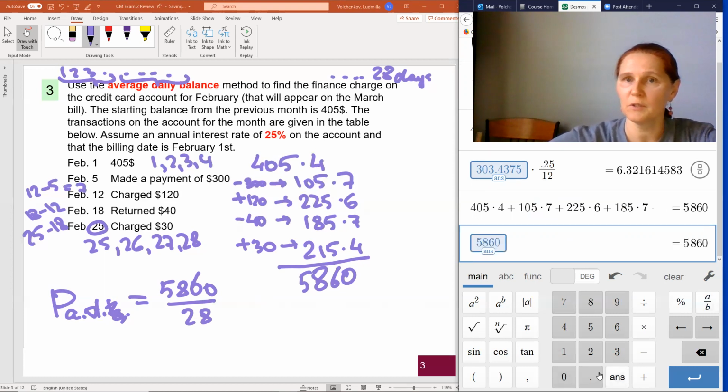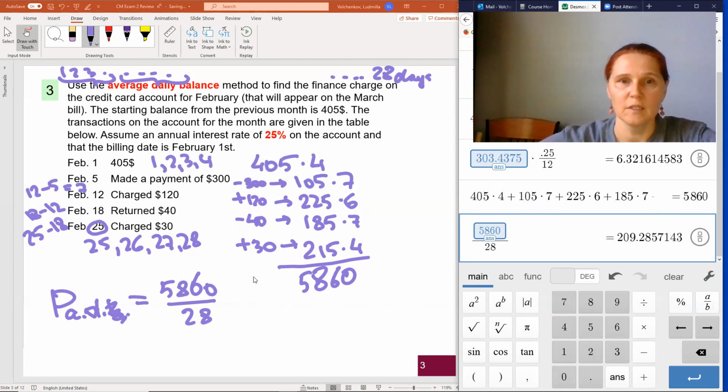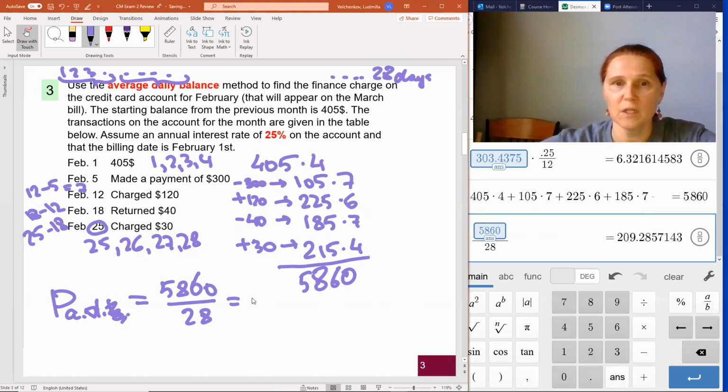I use the answer key, divided by 28. It will be approximately 209.286. And then I find the finance charge based on this balance.